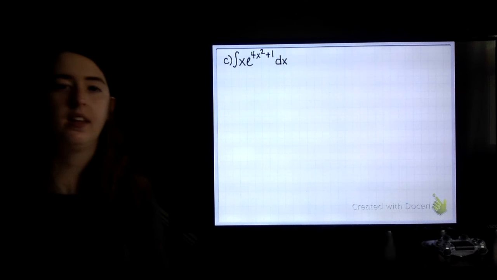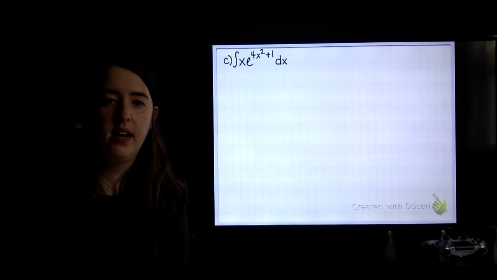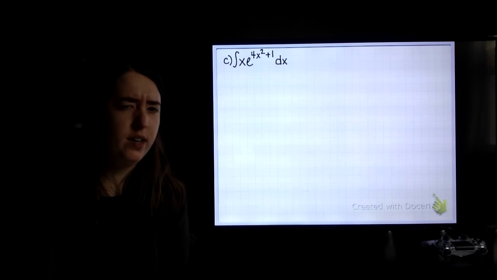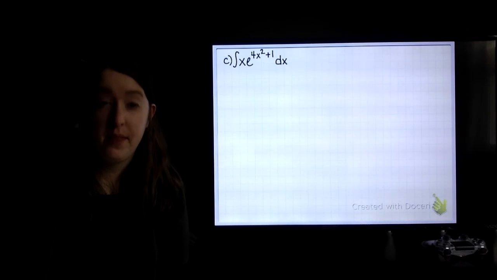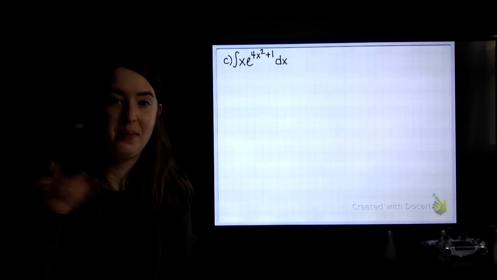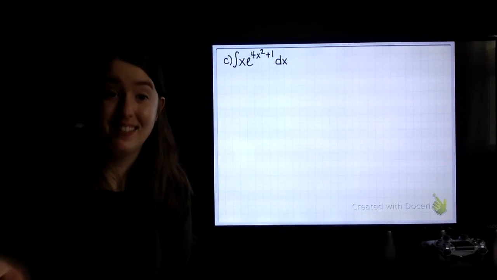We can do it. Okay, so the x e to the 4x squared plus 1. Well, the derivative of 4x squared plus 1 isn't x, but it will kind of cancel out bits and pieces that are annoying to us.